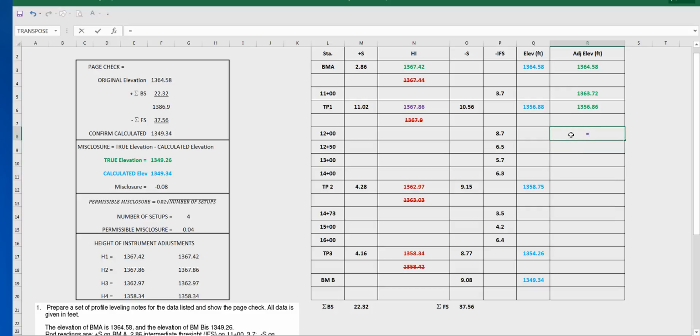13 equals 1367.86 minus 8.7. 1367.86, we're going back to the HI here, minus 6.5. I keep forgetting to put my equal sign in front of it.